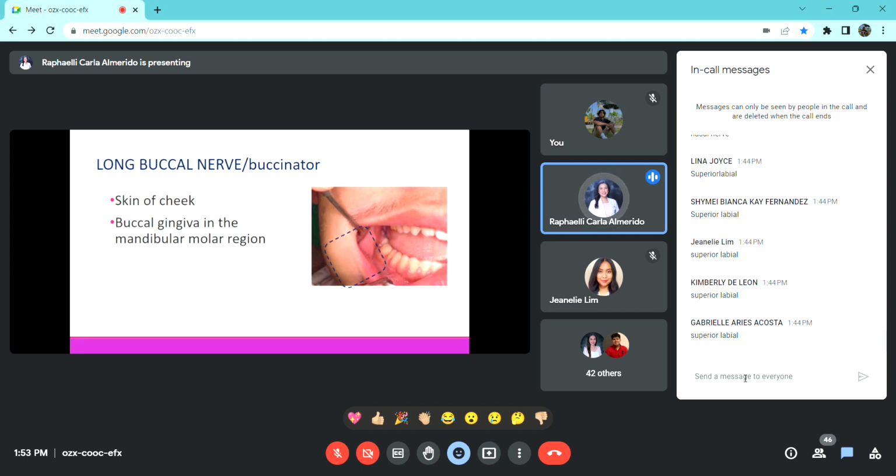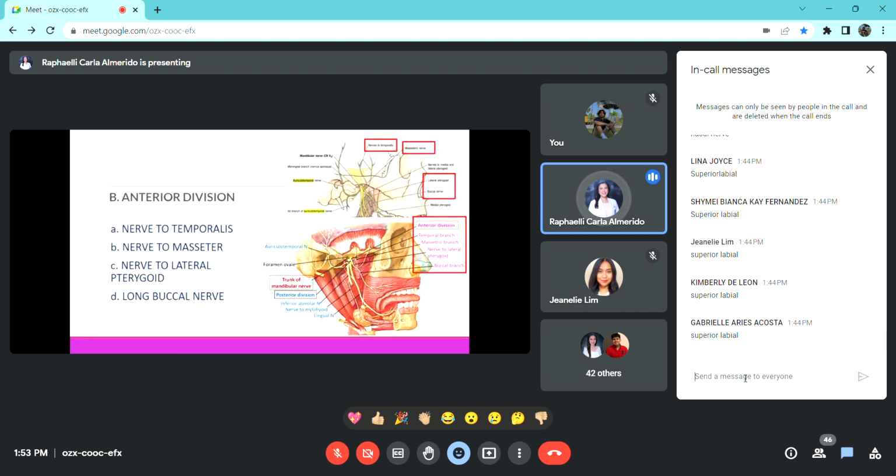So when you're extracting any first, second, or third molar on the buccal region, you are anesthetizing the long buccal nerve. And of course, when you extract any molar on the lower arch, later you will see what nerves in the lingual area you need to anesthetize. Again, these are your anterior division.